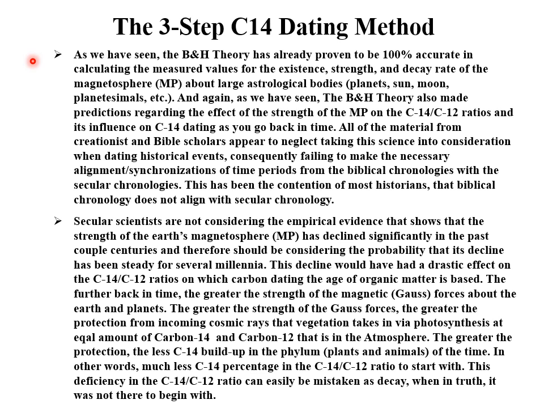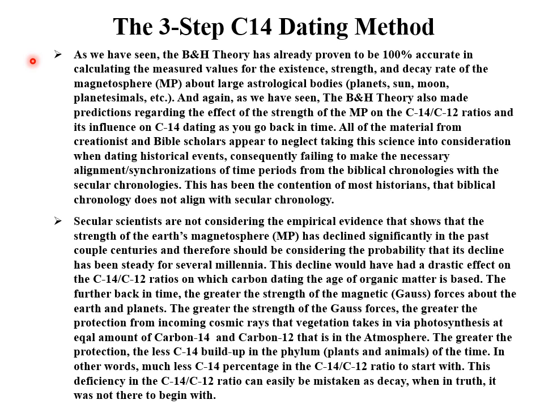The further back in time, the greater the strength of the magnetic gauge forces about the Earth and planets. The greater the strength of the gauge forces, the greater the protection from incoming cosmic rays. Vegetation takes in, via photosynthesis, equal amounts of the carbon-14 and carbon-12 that is in the atmosphere. The greater the protection, the less C14 buildup in the flora of the time.